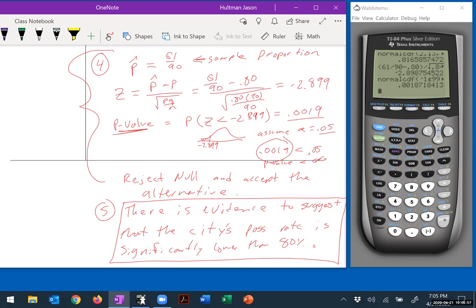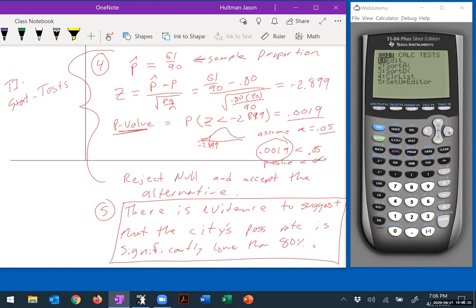Okay, so how would we run number 4 on the calculator and have it do it all in one shot? Well, for the TI, we hit the stat key, and then tests.